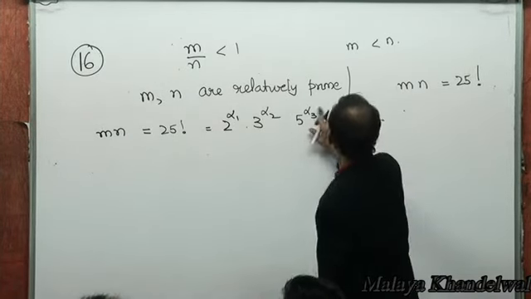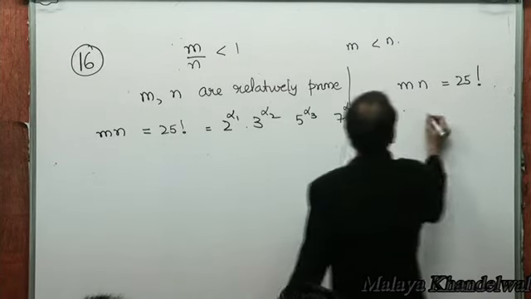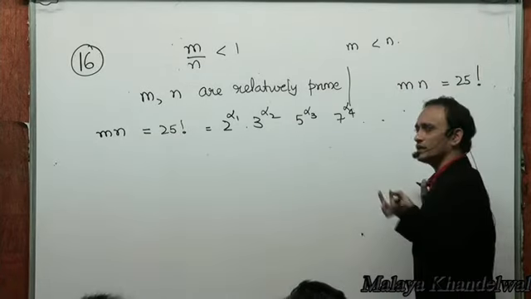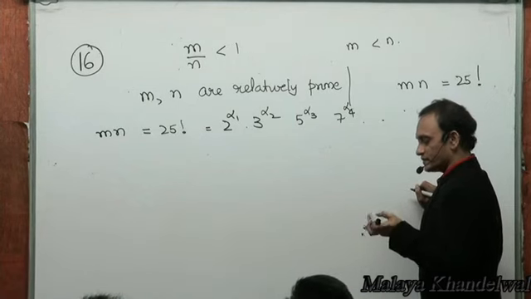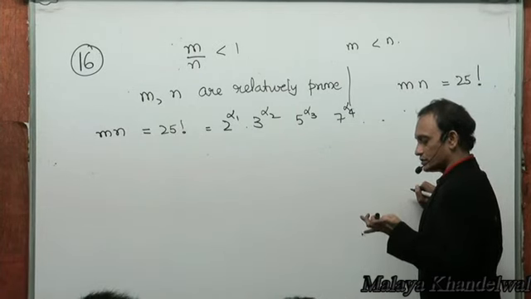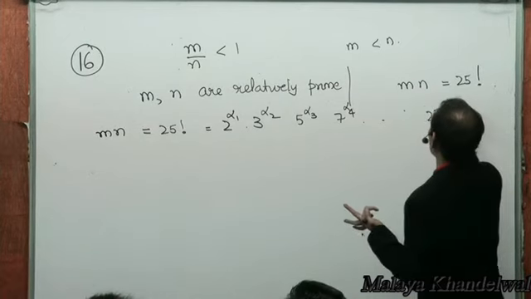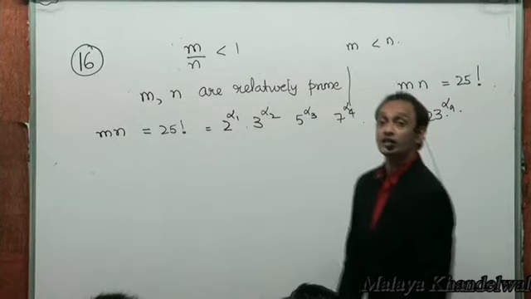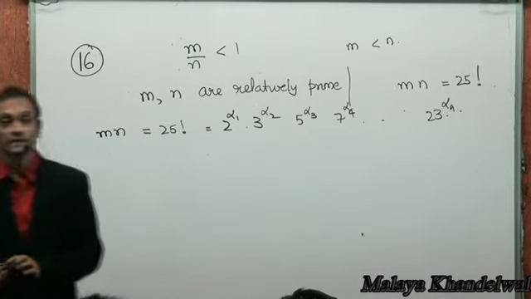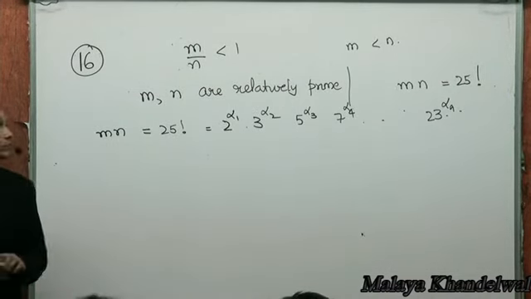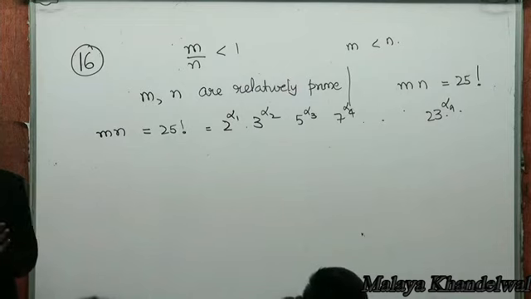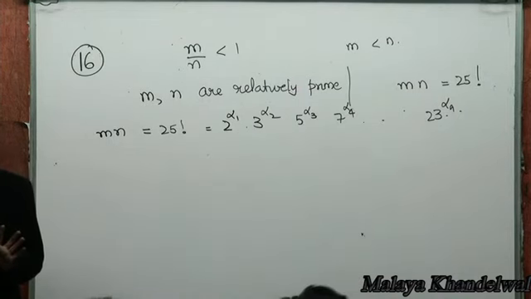Alpha 1, alpha 2, alpha 3, alpha 4. Now 23: 2, 3, 5, 7, 11, 13, 17, 19, 23. That's the 9th prime, so alpha 9. 23 is the 9th prime, isn't it? Yes or no? So 25 factorial can be dealt with this way, yes or no?